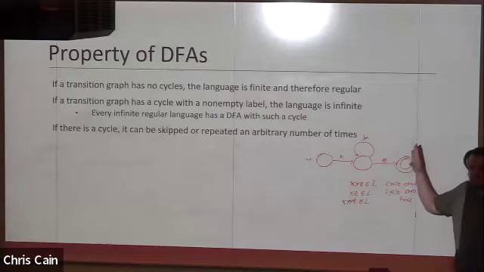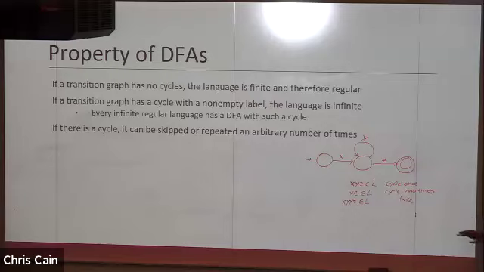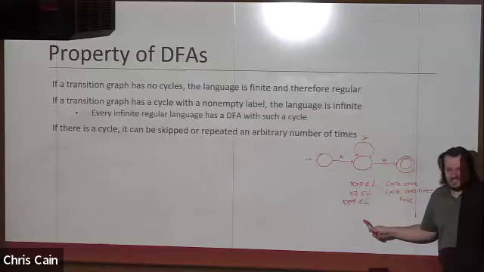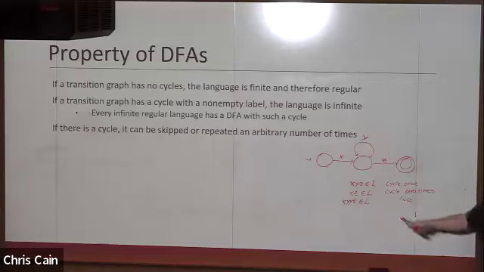There could be multiple cycles in this, but we're going to use this generic idea to show that if a DFA did exist for this language that we are going to say is regular, we could find some string X, Y, Y, Y, Y, Y, Z that is not in the language. In that case, we were just going to say there is such a way to break this down.